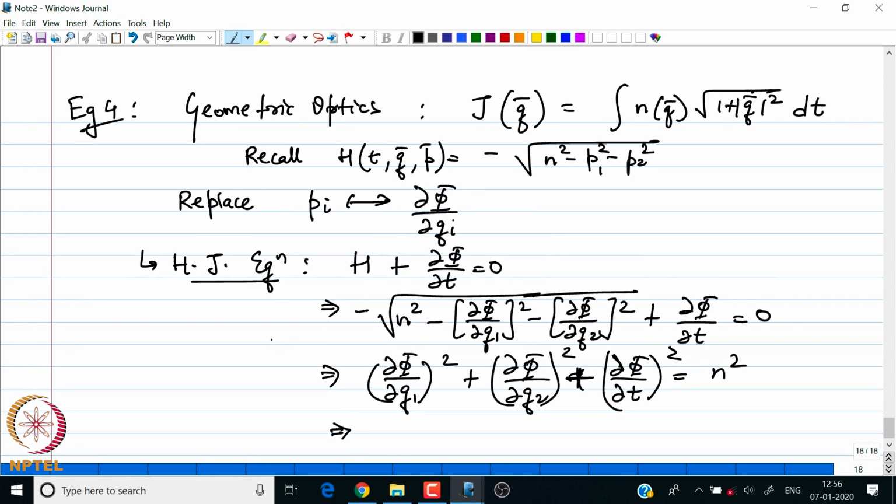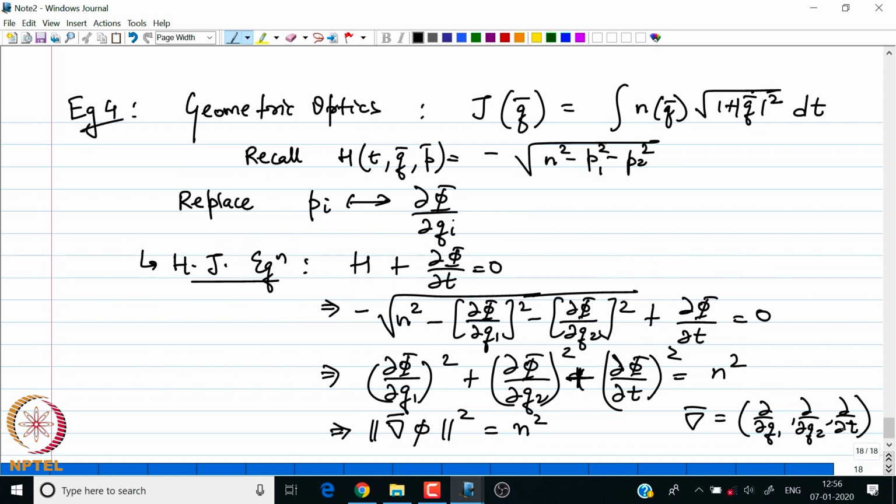This is my Hamilton-Jacobi equation. So this is the absolute value squared of grad phi equal to n squared, where my grad is defined to be partial q1, partial q2, partial t.